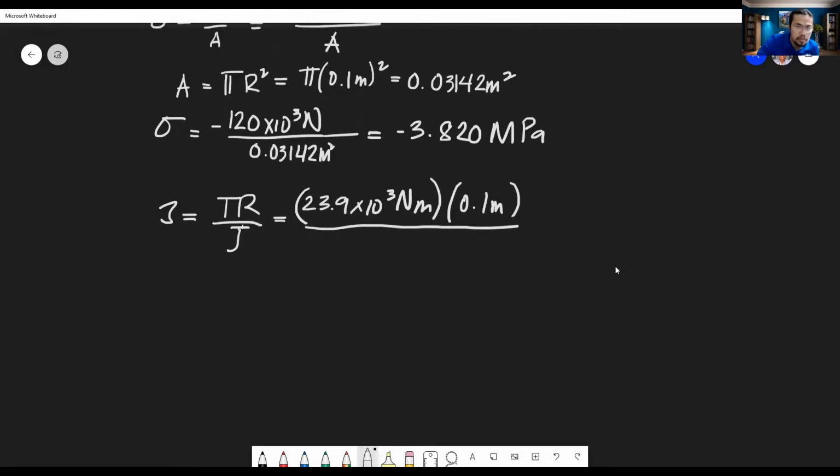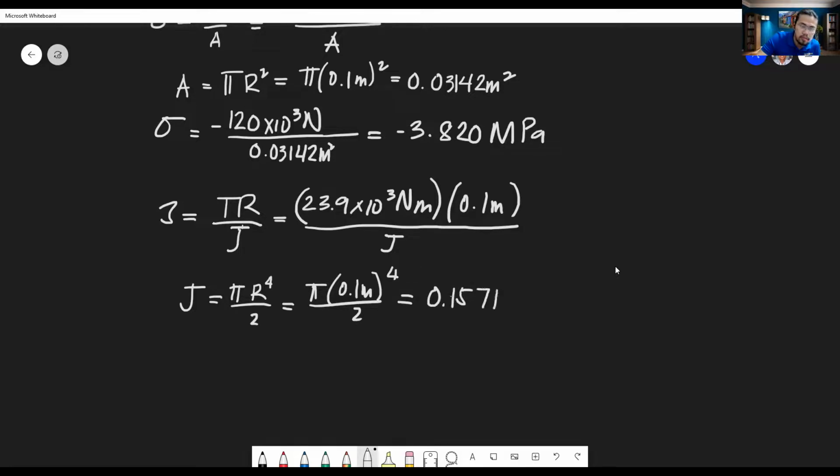The J is going to be pi times r to the fourth over 2, which is just pi times 0.1 meters to the fourth over 2. So it's going to yield 0.1571 times 10 to the negative 3 m to the fourth.